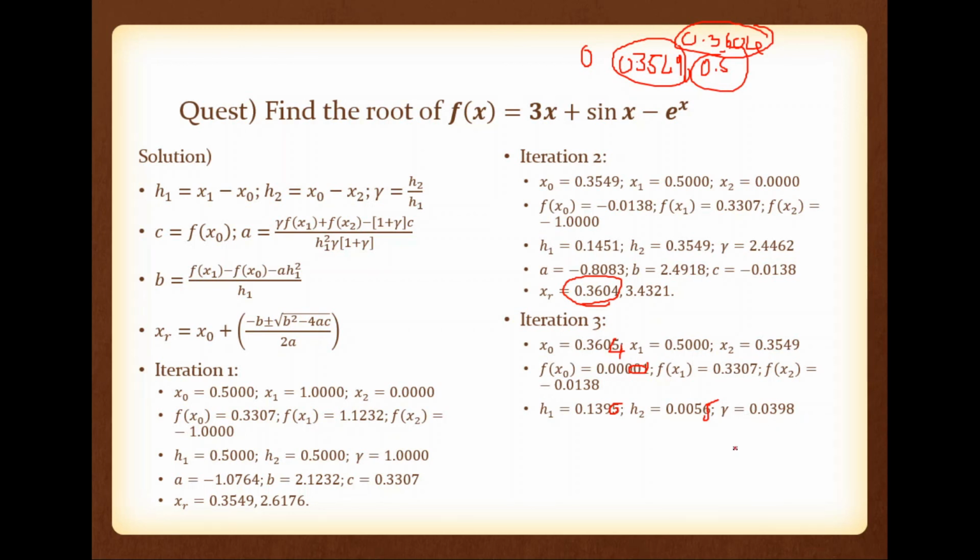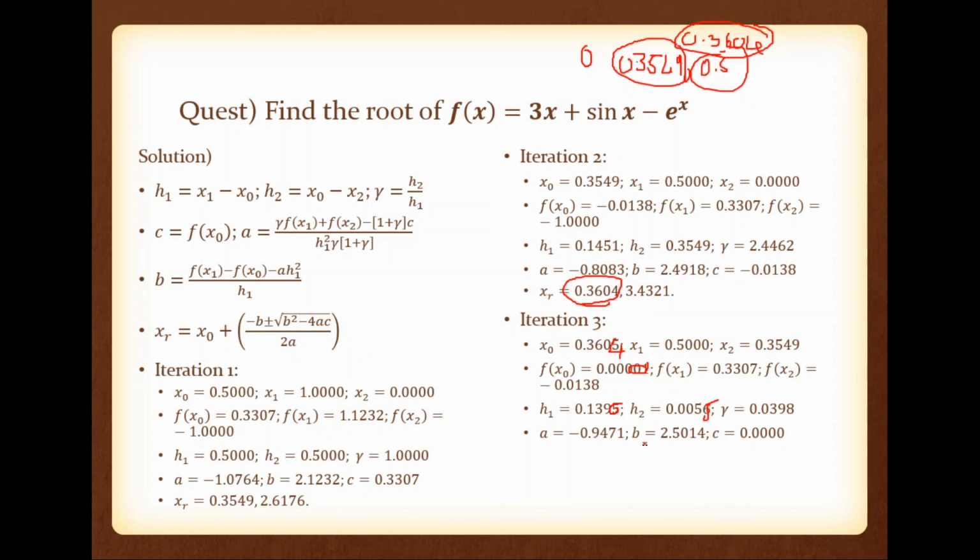Okay. So we have h1, h2, gamma. By using these values, what can we find? I told you C is f of x0, that is 0. Now we can find A and B. First find A. By substituting these values, A is equal to minus 0.9471.